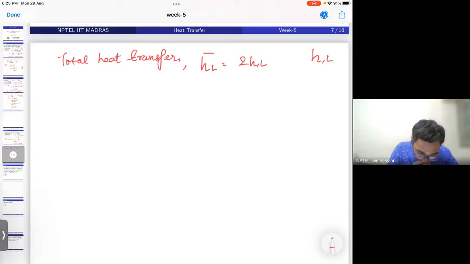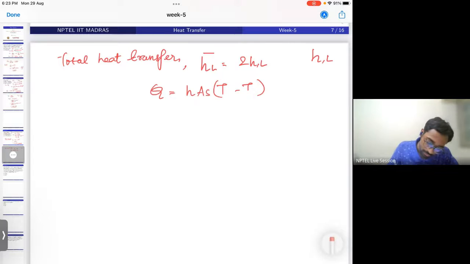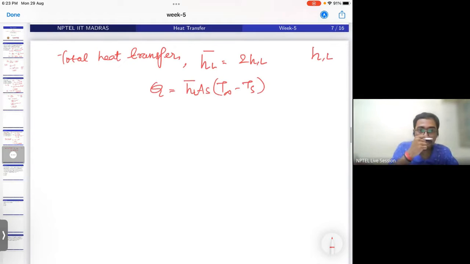We are asked to find the heat transfer, so Q is equal to h times surface area into Ts minus T infinity, or here it is T infinity minus Ts. Here it is average heat transfer, and just like the previous case, both surfaces will have heat transfer, so it will be 2 times.